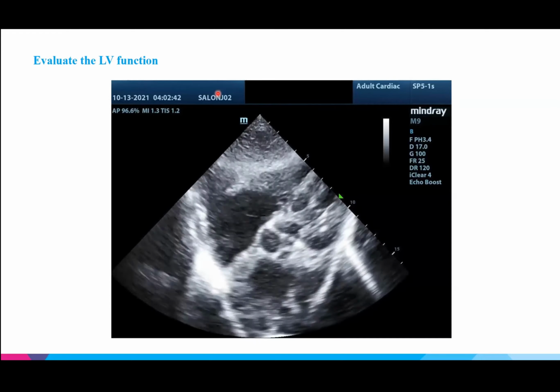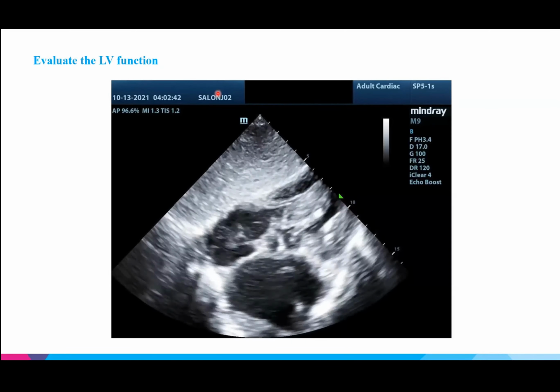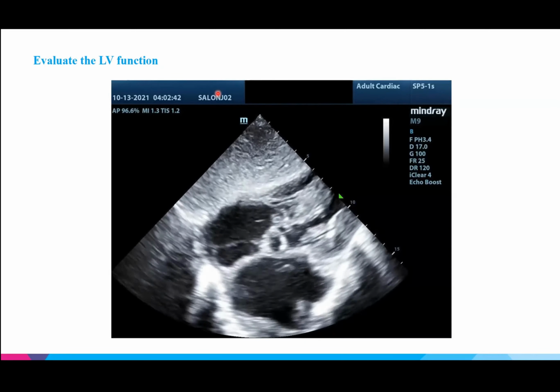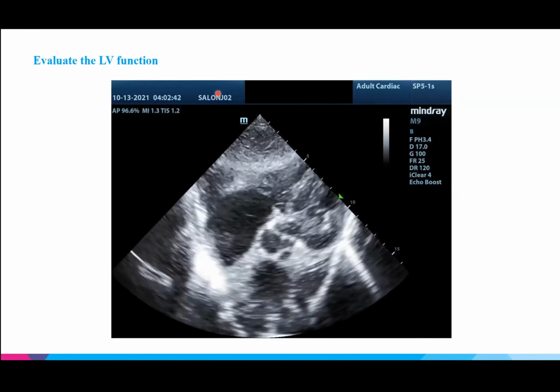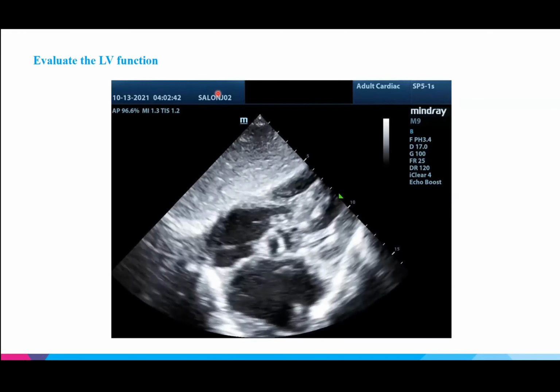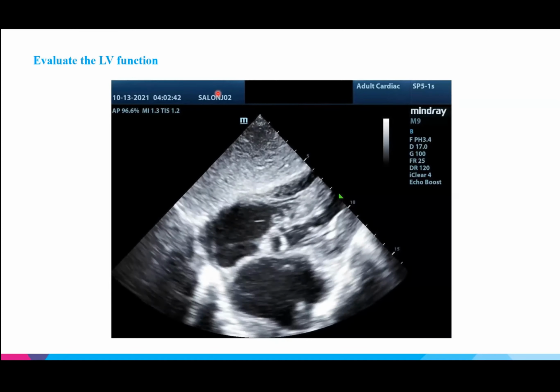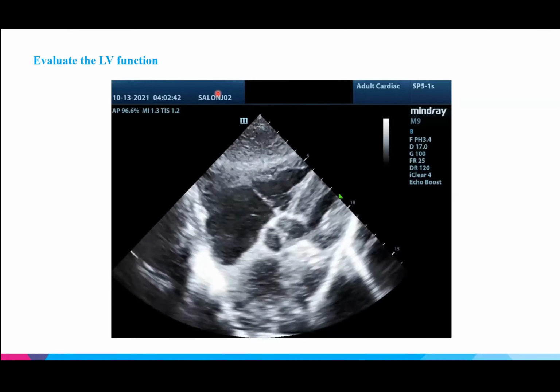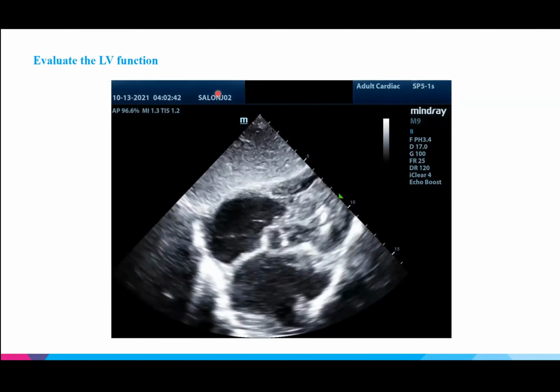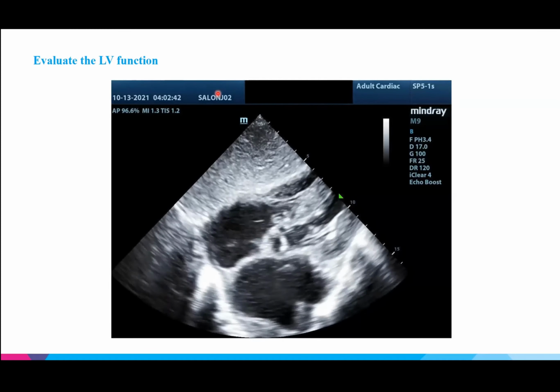And really the only way to do that is hands-on learning, whether that's using our mannequin here in the sim lab, which you can access 24 hours a day, or doing one of the POCUS selectives to really get some hands-on experience and direct supervision from myself and some of the other POCUS faculty members.